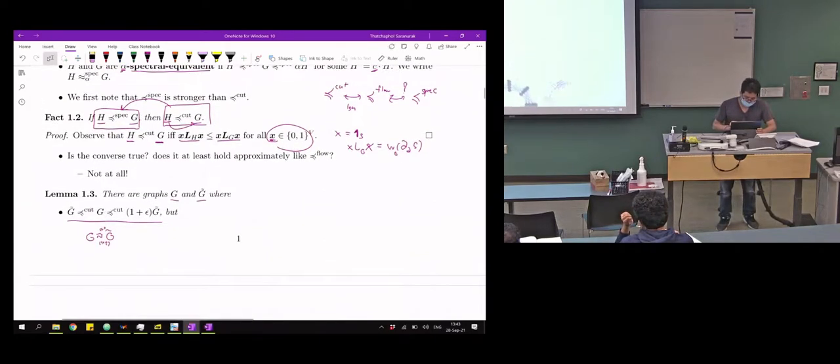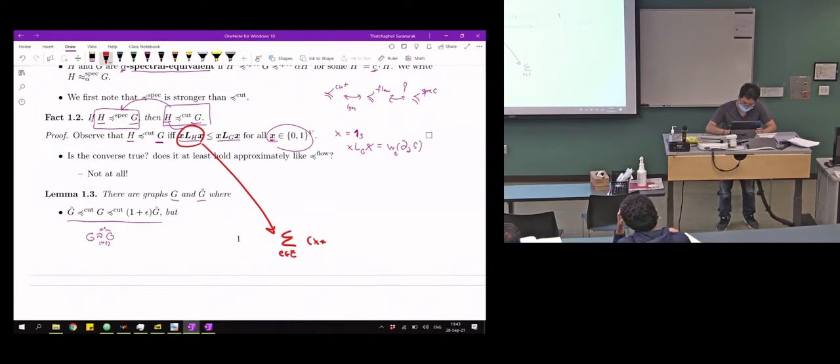It's just that you look at this, this is just a sum over edges, right? Of something non-negative. And if you add one more edge, the sum never decreases.